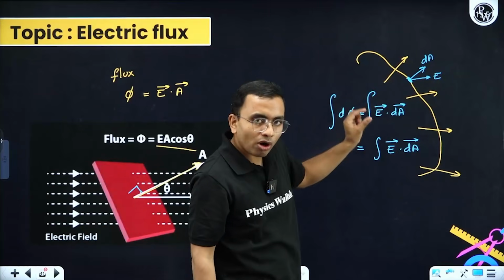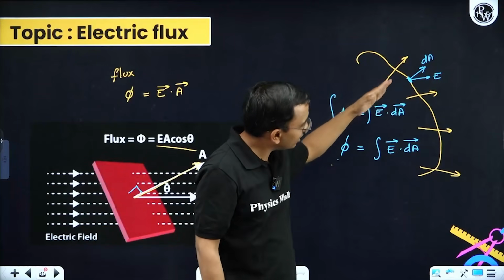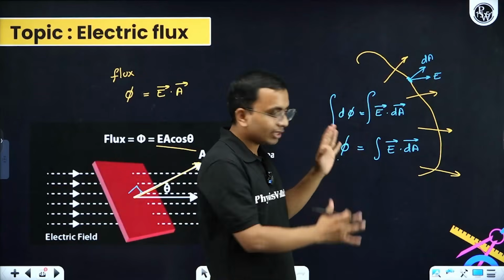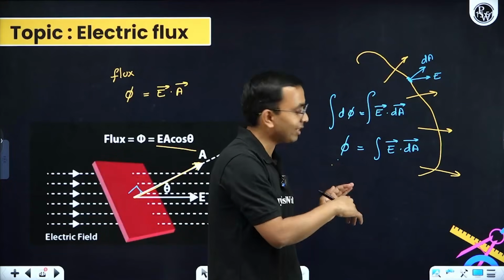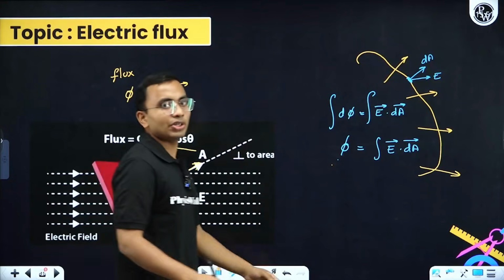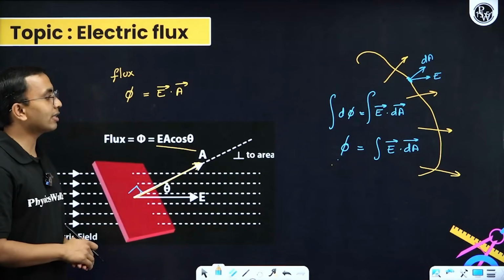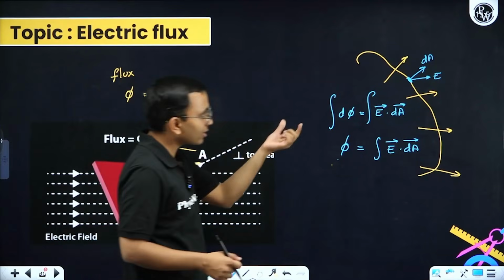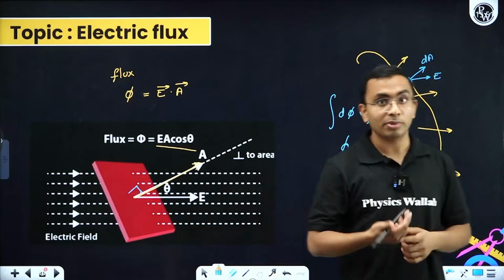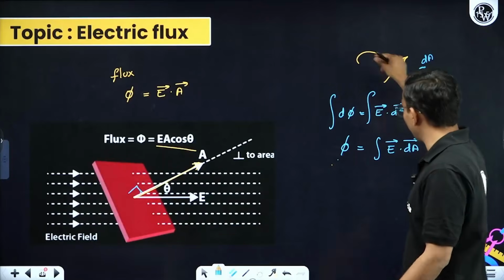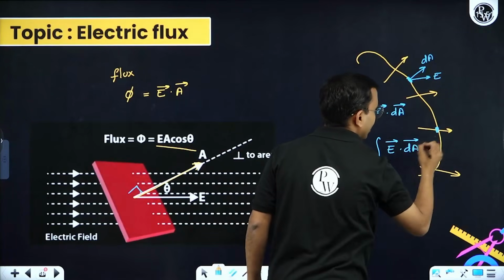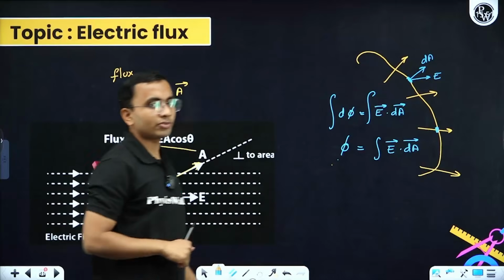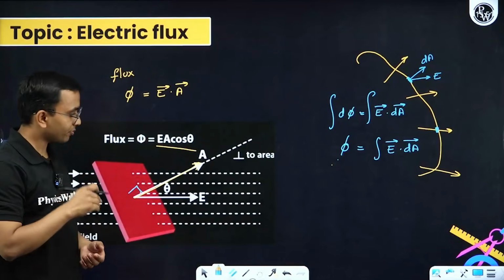We took a small area, that area vector is dA. There the electric field is E. So the continuous summation means the integration of E dot dA, or I can say E dA, and if there is some angle, you may consider that angle, but that angle will keep on varying for different small areas. If I take a small area here, the angle will change. So you have to consider that also.